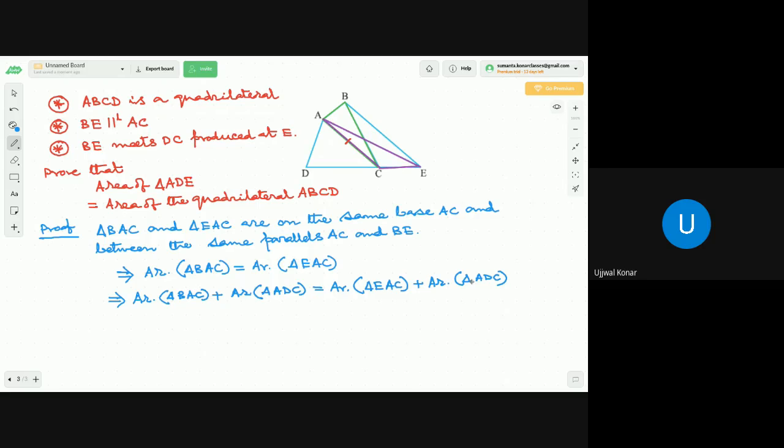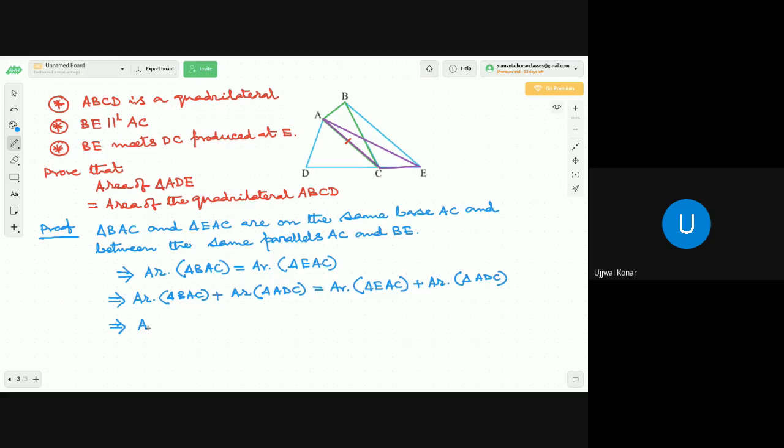Why do I add the area of the triangle ADC to both sides? If you add the triangles BAC and ADC, you get the quadrilateral ABCD, correct? And if you add EAC and ADC, you get triangle DAE. That is the reason why we add the area of the triangle ADC to both sides.